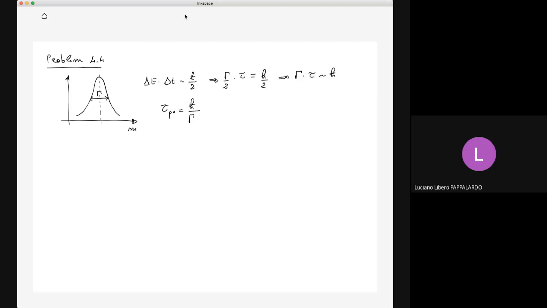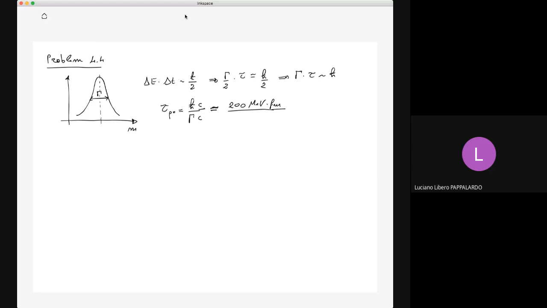What we do here is multiply numerator and denominator by the speed of light c. The reason is that, as I mentioned in the very first lesson, the quantity ħc has a known value: approximately 200 MeV per Fermi, which is easy to remember.